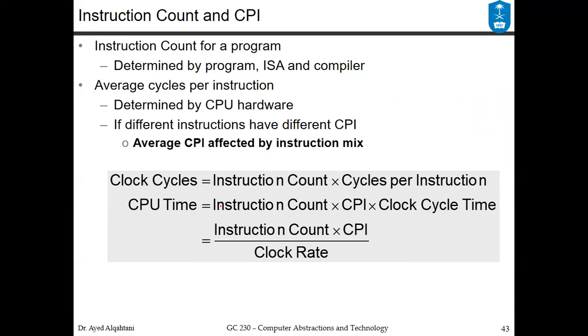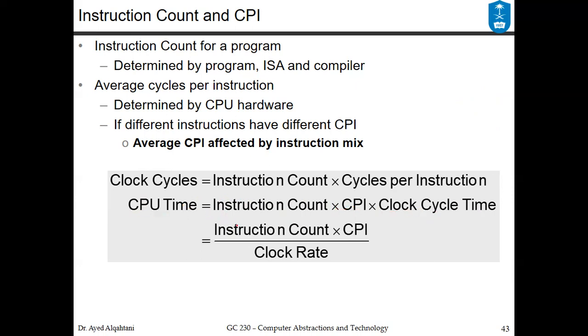Looking at this logically, you want to get the time of the CPU. You should count how many instructions are in the program, and then for every one of these instructions, how many cycles you need to execute it. And then what is the time in seconds, usually in nanoseconds, for every one of these cycles. If you multiply those 3 together, you will get the CPU time.